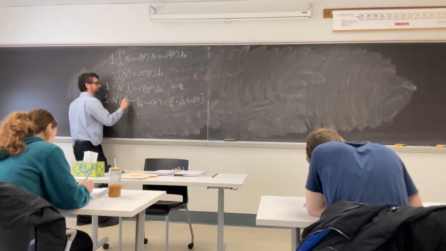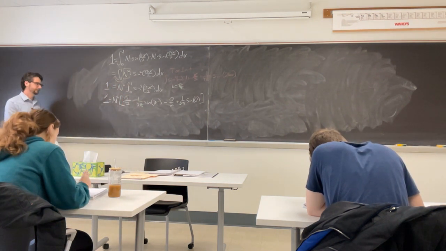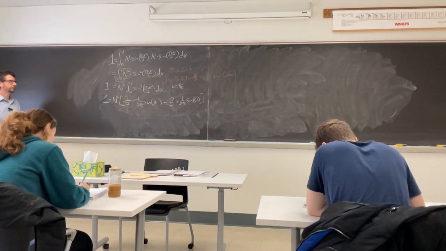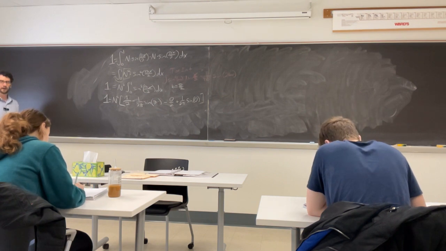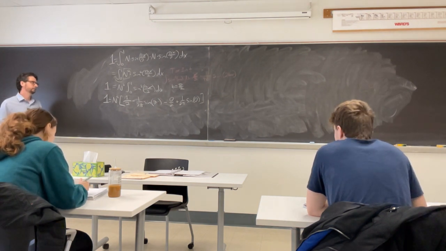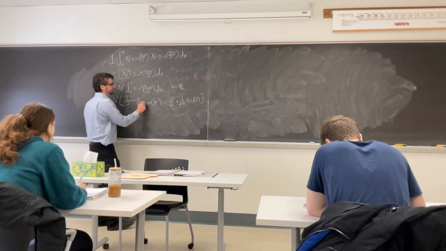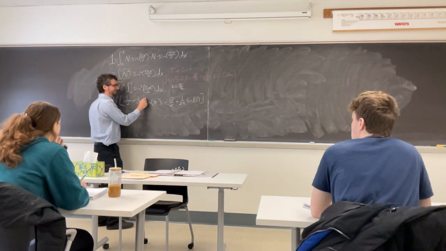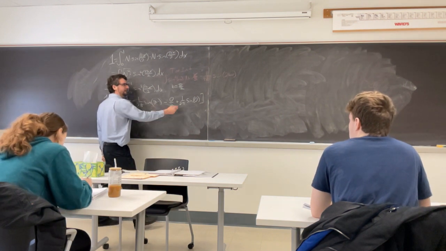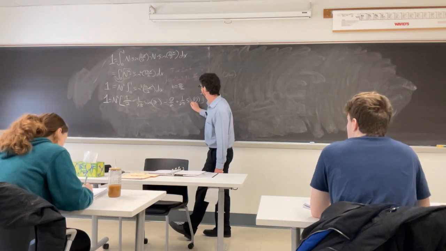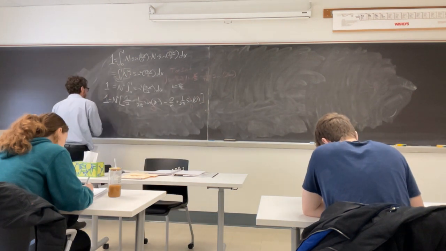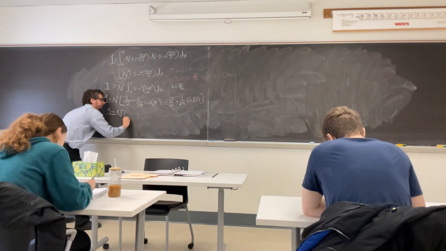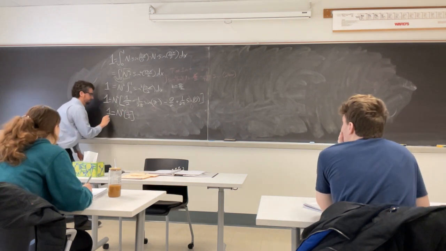Sorry. Okay. What now? Yep, because math. Because sine of pi is what? Yep, sine of 0. So now you get n squared times 1/2.